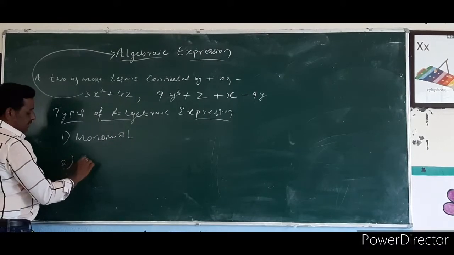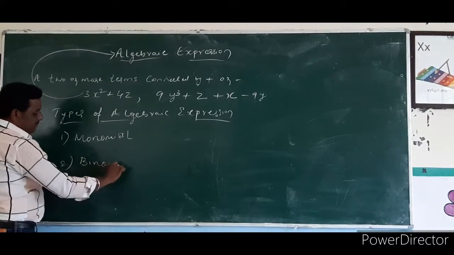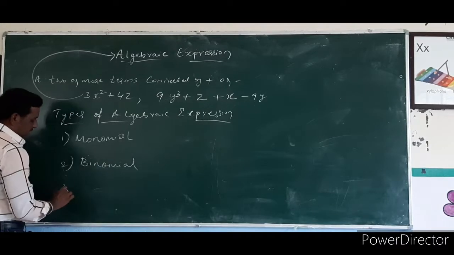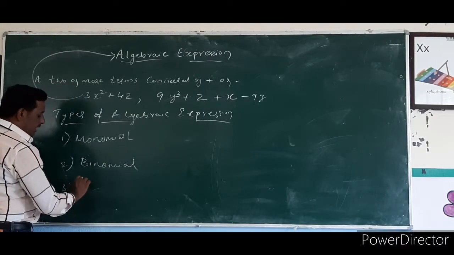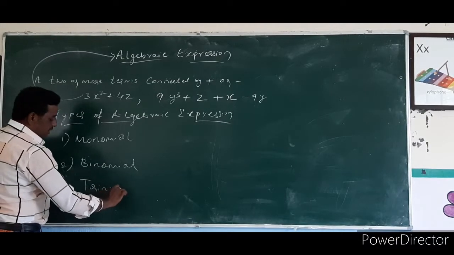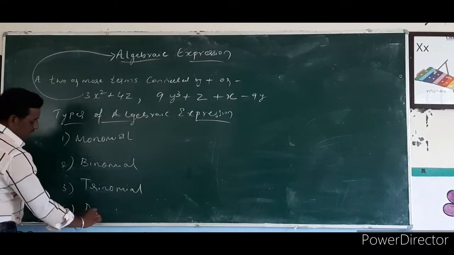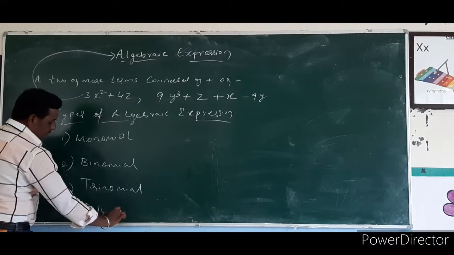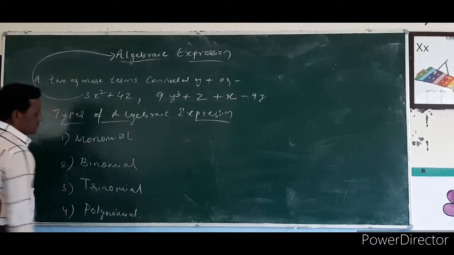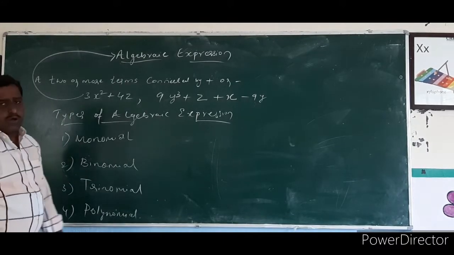Second one is binomial. Third one is trinomial. Fourth one is polynomial.